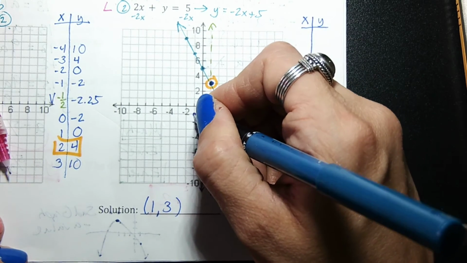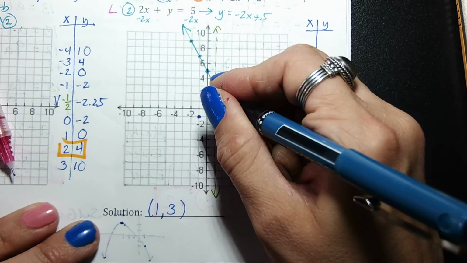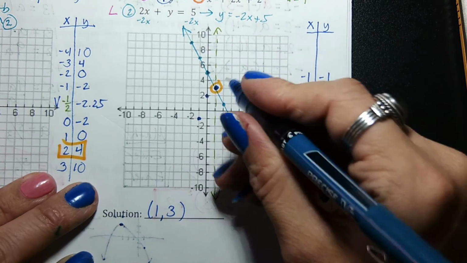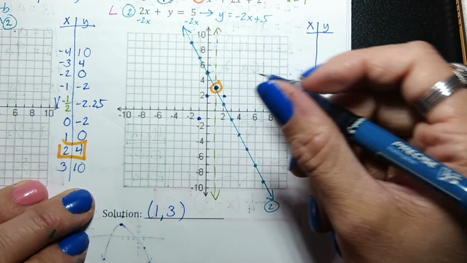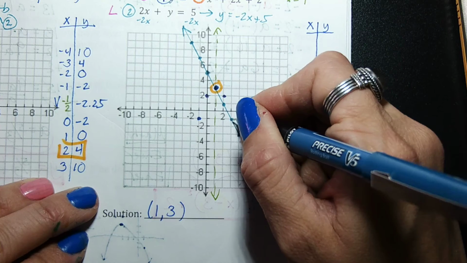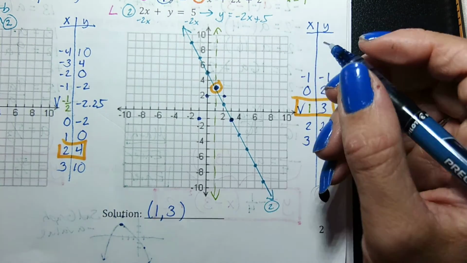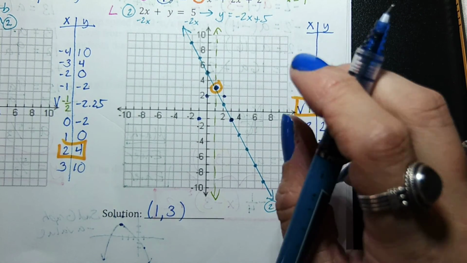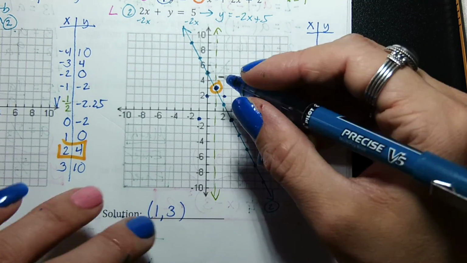So let's see what that does for us as far as this quadratic goes. We've got -1, -1, 0, 2, 2, 2. Oh, it's a sand graph. And then 3, -1. Behold, another solution.